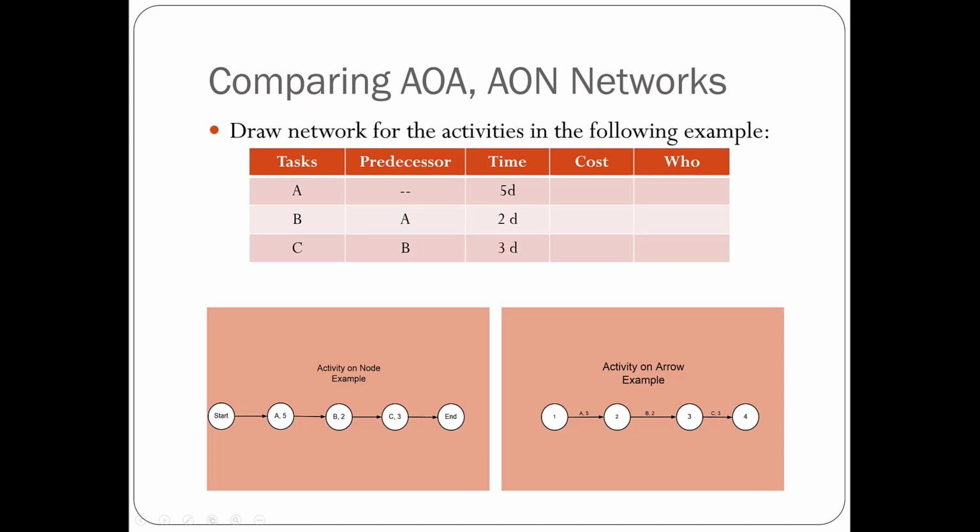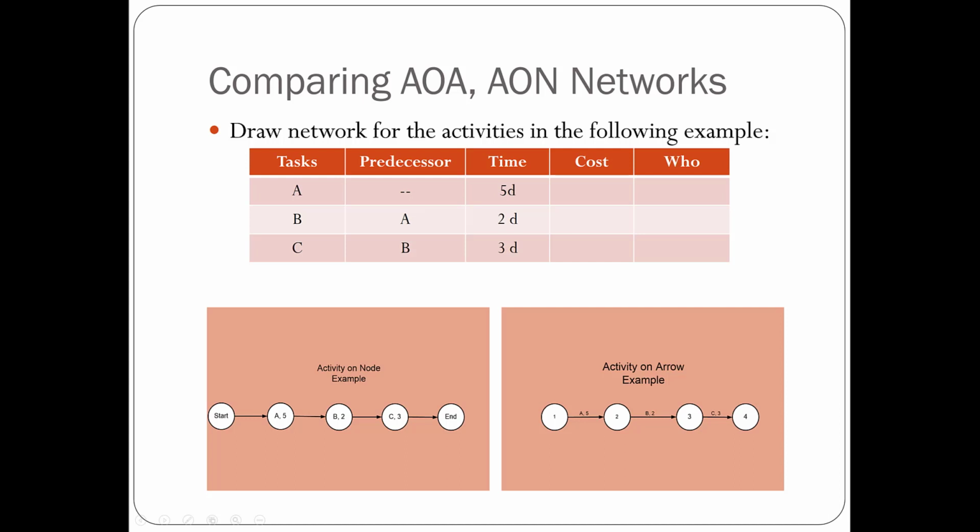If we use activity on arrow, then we'll have a starting node represent the project start. And then you would have the first activity, which is the A. So you see, you will write the task A and its duration 5 days on this arrow instead.